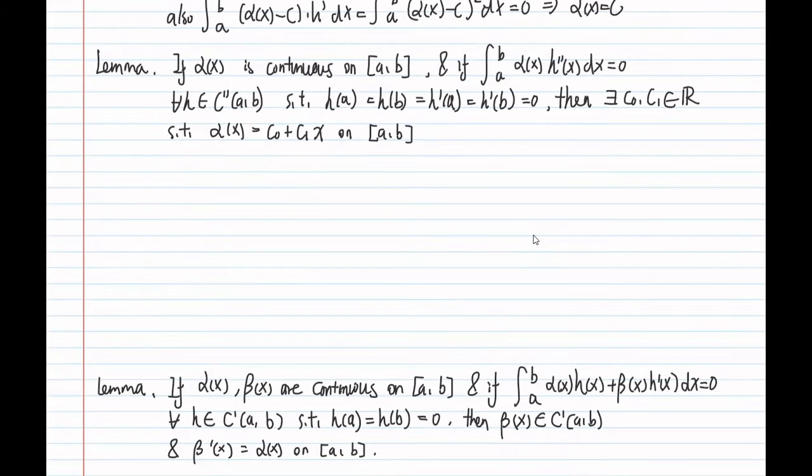The way of proving this is basically the same idea as the last one.